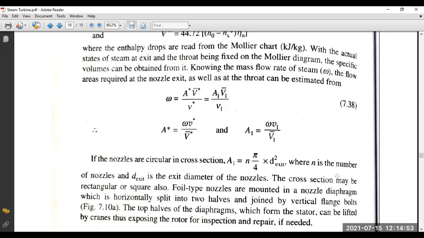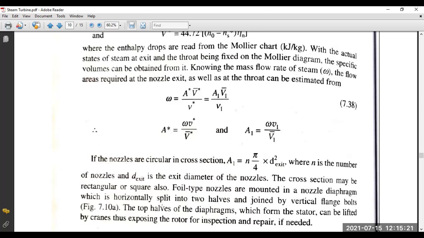We can follow this process if the nozzle is circular in cross-section, where n is the number of nozzles and D exit is the exit diameter of the nozzle. The exit cross-section may be rectangular or square also. Foil type nozzles are mounted in a nozzle diaphragm, which is horizontally split into two halves and joined by a vertical flange bolt at the bottom half.